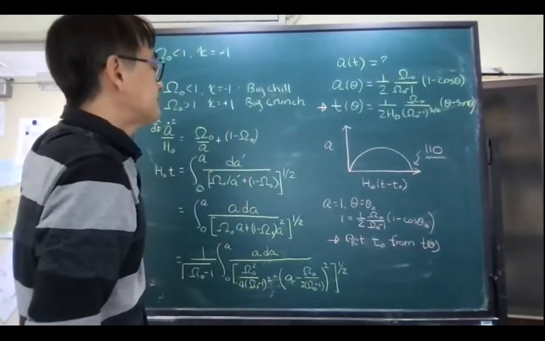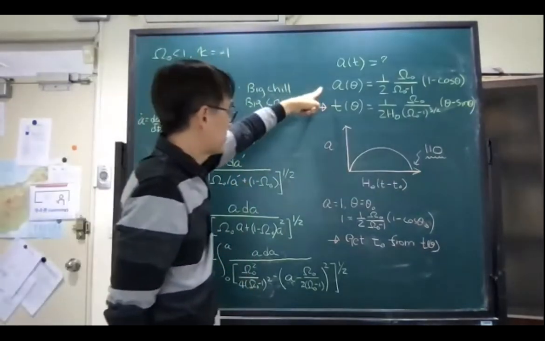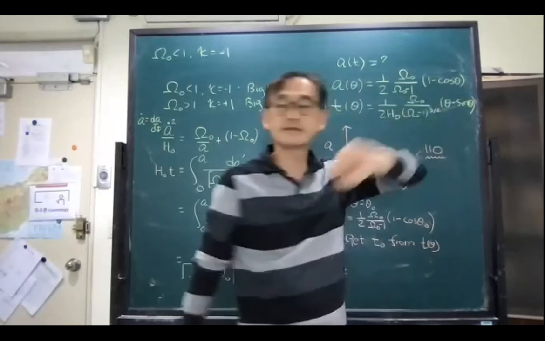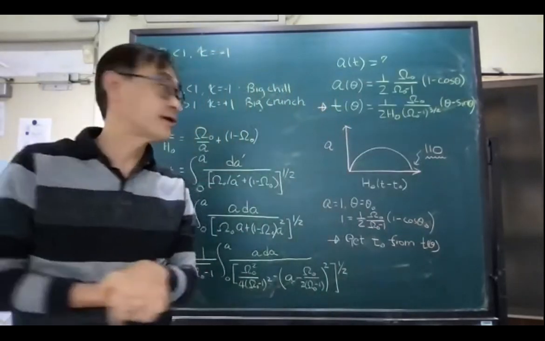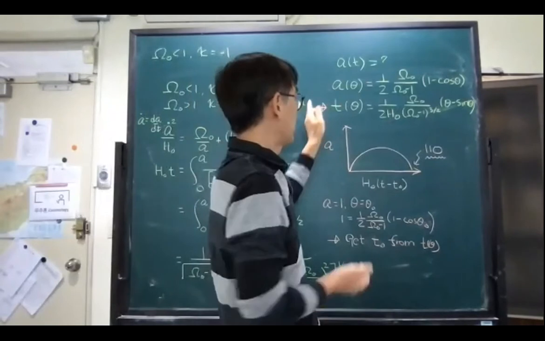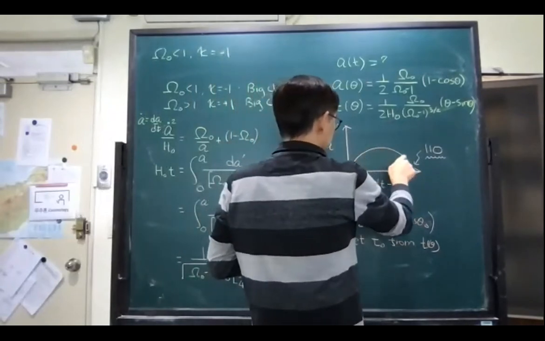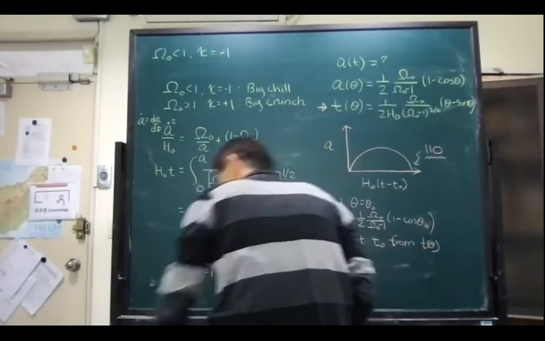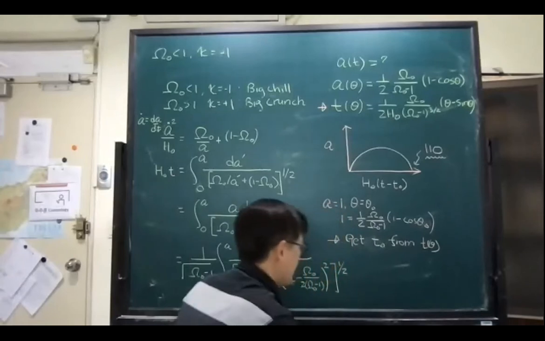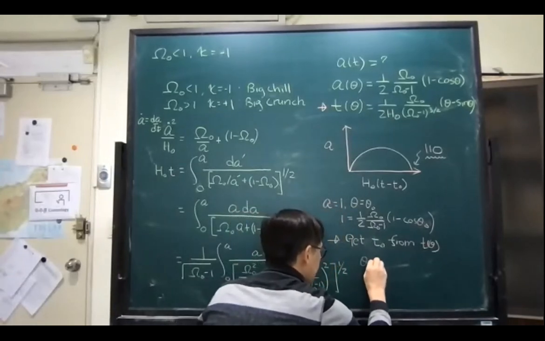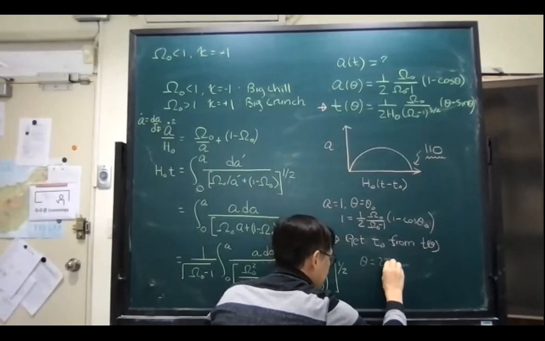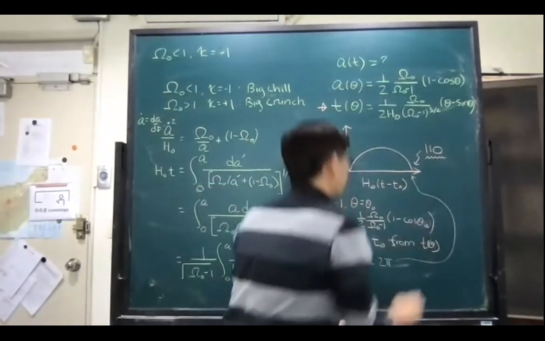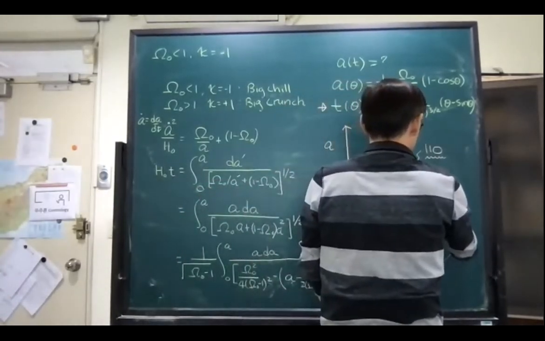One more thing. So a theta. So when cosine theta is when theta is 0, it's 0, but it goes from here and it goes back to 0. So when theta is 2 pi, theta is 2 pi gives you this so-called T crunch time.